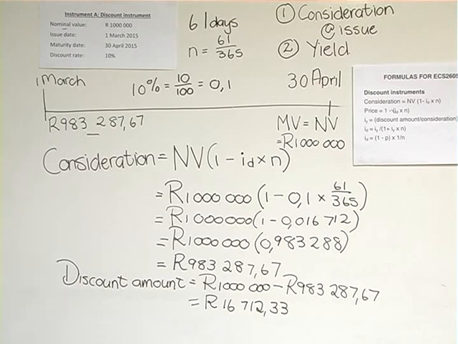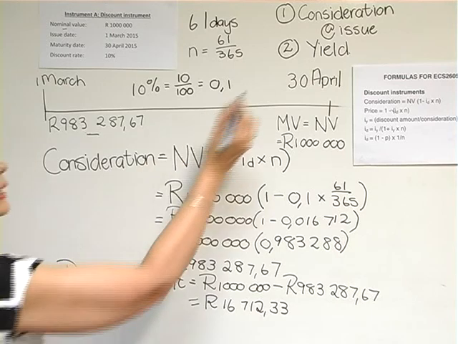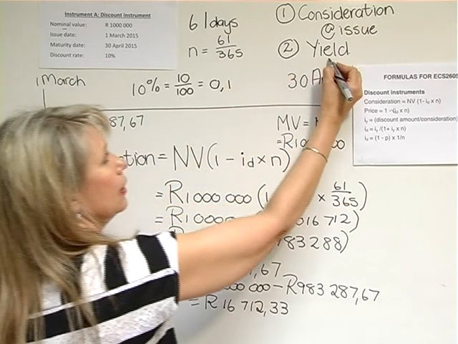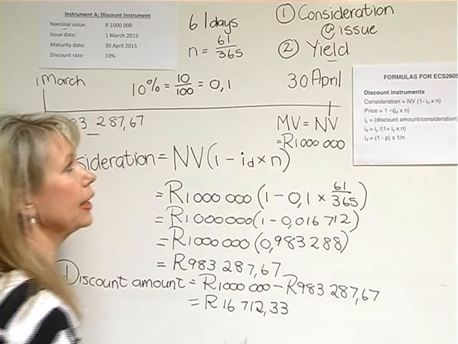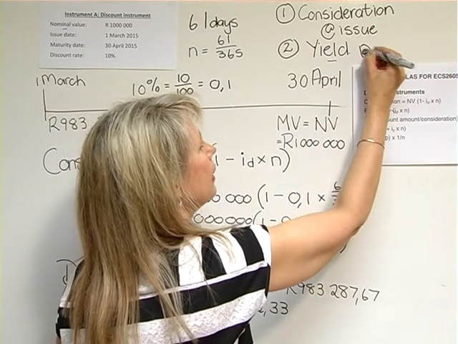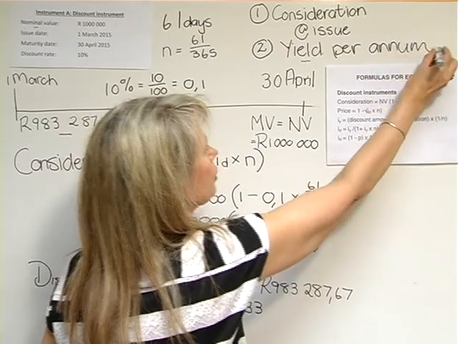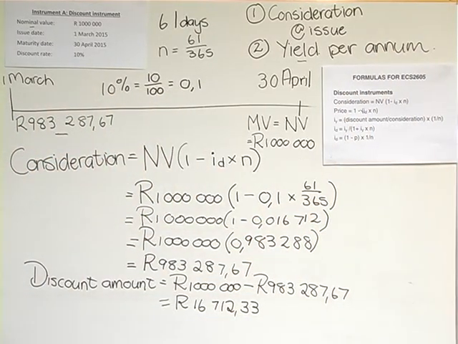Right. But now sometimes you want to calculate the yield on this instrument, and you want to calculate that because you want to be able to compare it to another instrument. And this yield that you may have to calculate will always be the yield for a full year, so the yield per annum.